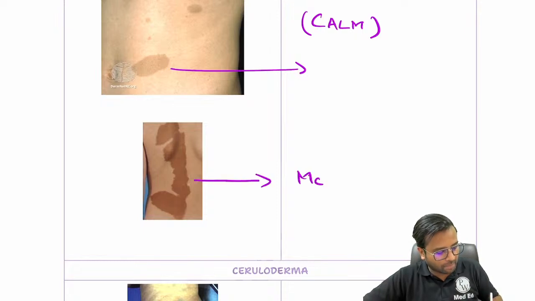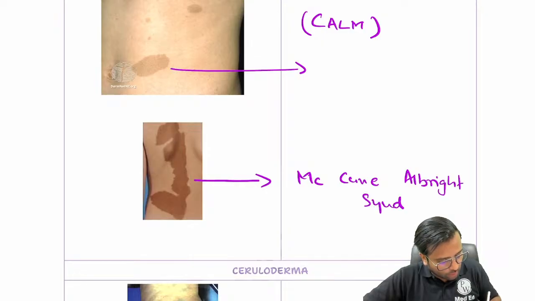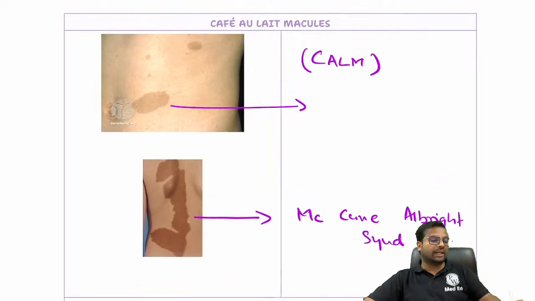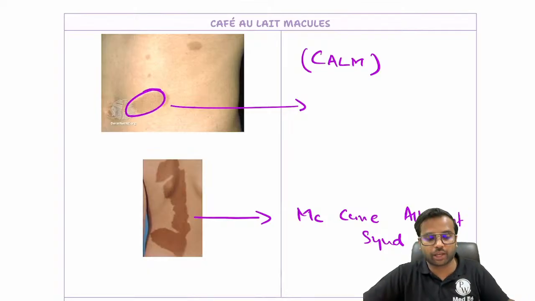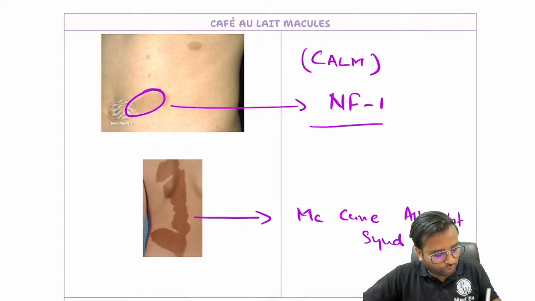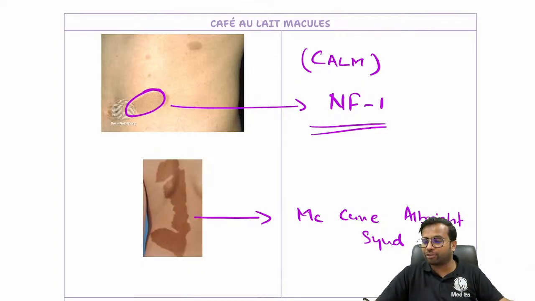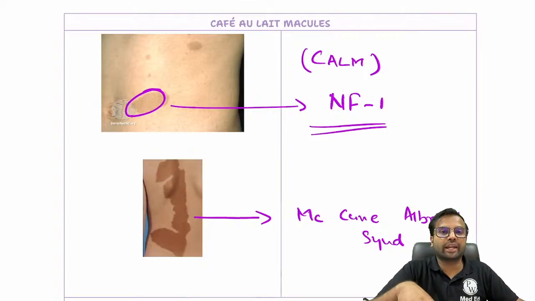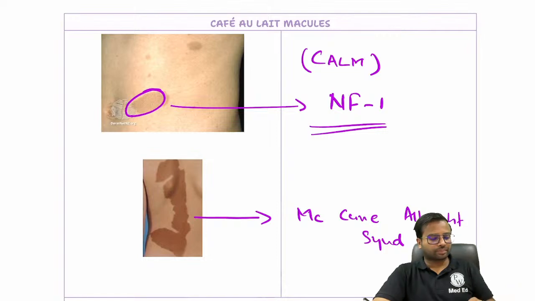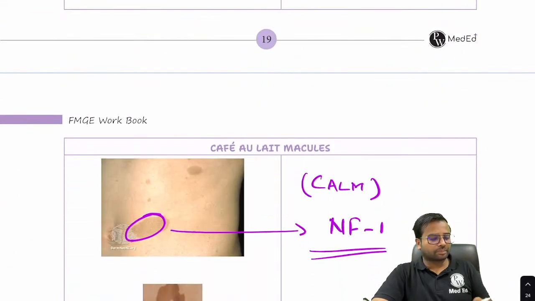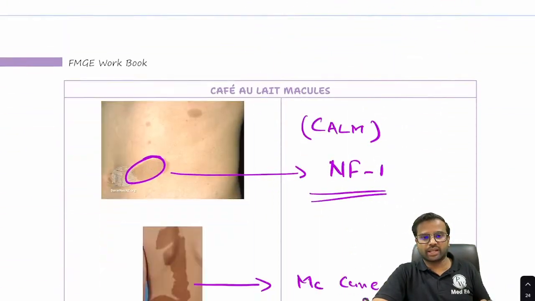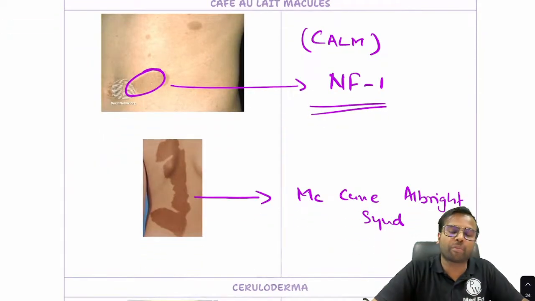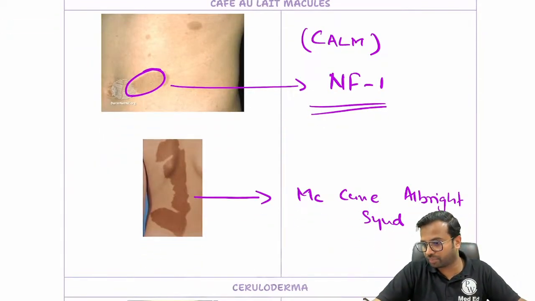Okay, this is seen in McCune-Albright syndrome. But the regular type of cafe-au-lait macules, this is seen in neurofibromatosis, especially in NF1. So whoever is answering it as NF2, remember in NF2, you can see freckles, okay, that is axillary freckling, but it is more commonly seen in NF1 and not NF2.